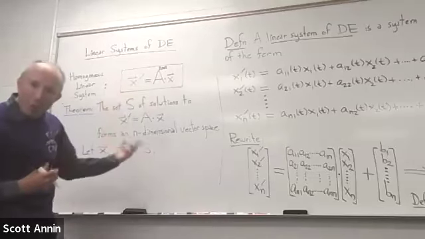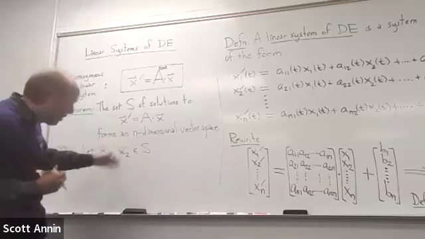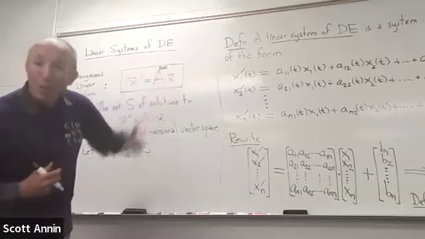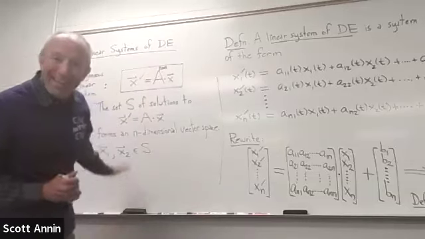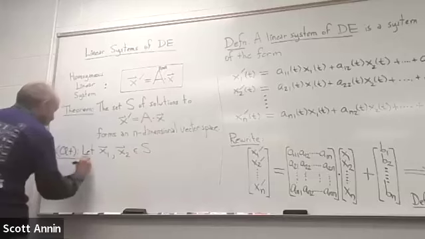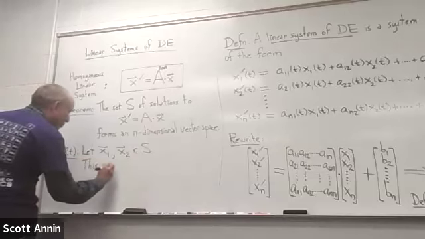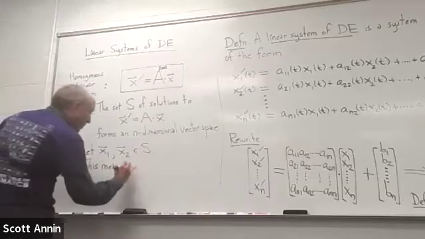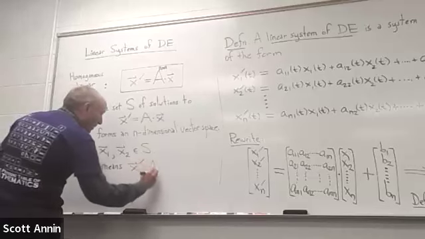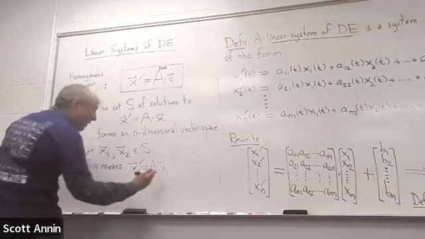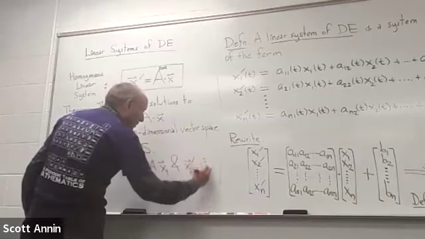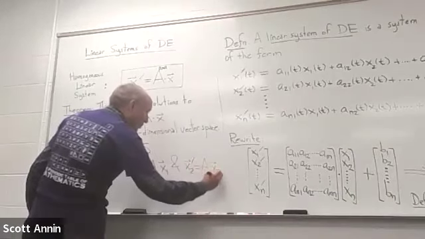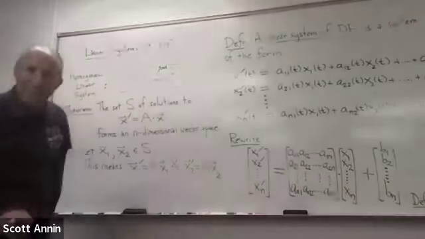It means that they are solutions to our homogeneous linear system. If I plug them in for the unknown on the left and on the right, it's supposed to work. We're supposed to have a solution there. So let's add that to the notes here. This just means that the derivative of x1 is a times x1, and the derivative of x2 is a times x2. That's what it would mean.